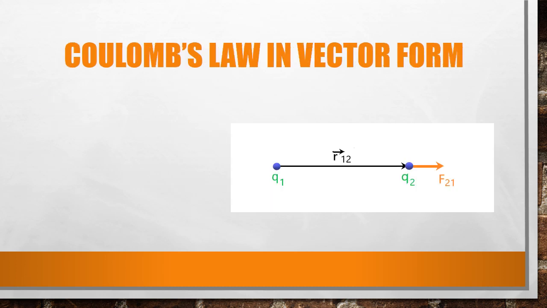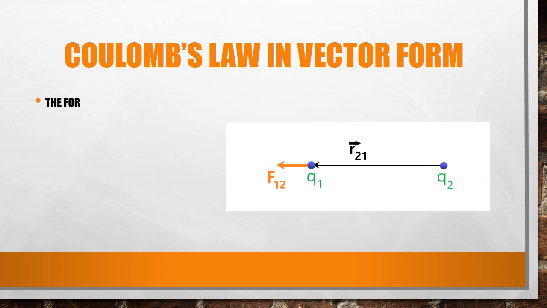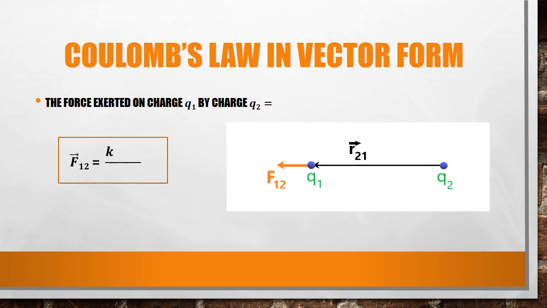Coulomb's law in vector form. The force exerted on Q2 by charge Q1, F21, equals K into Q1 Q2 by R12 square into unit vector R12. The force exerted on charge Q1 by charge Q2, F12, equals K into Q1 Q2 divided by R21 square into unit vector R21.